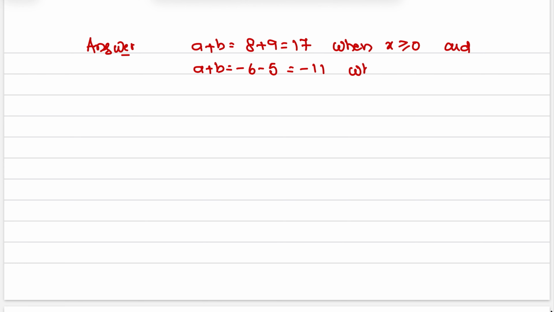a plus b is equal to 8 plus 9, 17 when x is greater than or equal to 0, and a plus b is equal to minus 6 minus 5, that is minus 11 when x is less than 0. This is our answer.